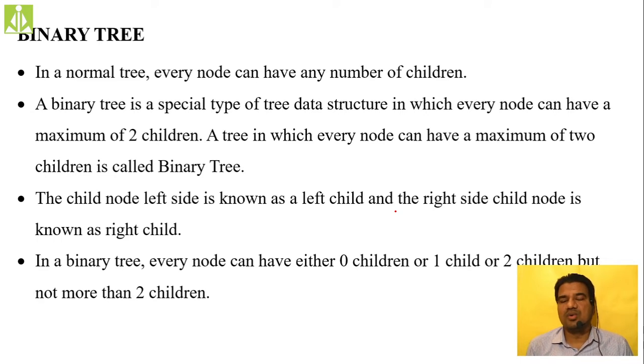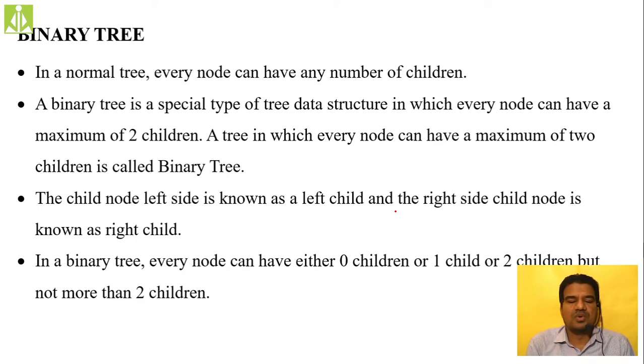Whether it is a root node, child node, leaf node, or internal node, every node should have a maximum of two children. Maximum in the sense either 0 or 1 or 2, nothing other than that. We can't have three children.